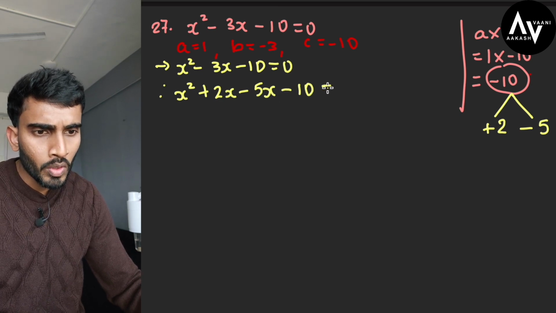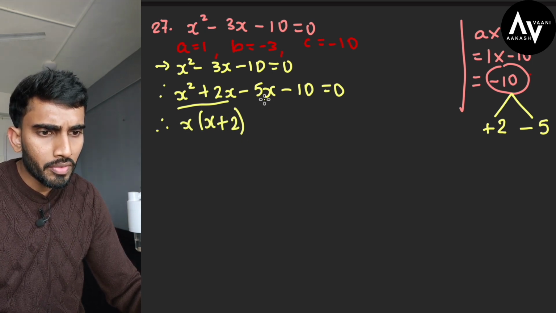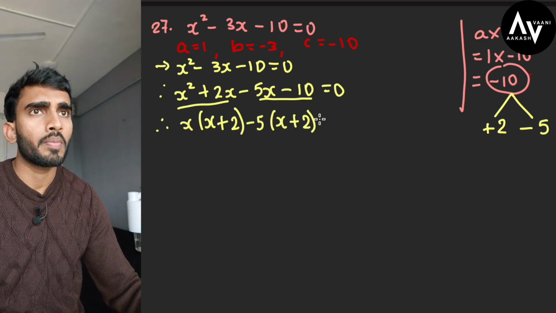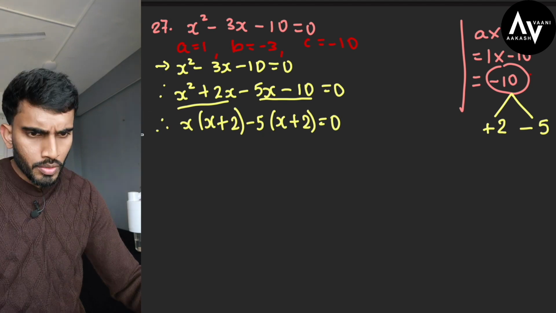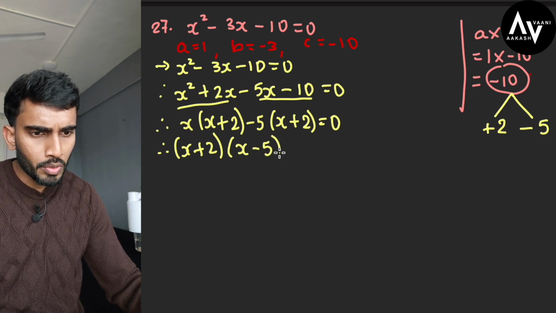Taking out common from these two terms, we have x inside the bracket x plus 2, and here we have minus 5, so inside the bracket x plus 2 is equal to 0. So x plus 2 in one bracket and the other bracket will have x minus 5 is equal to 0.